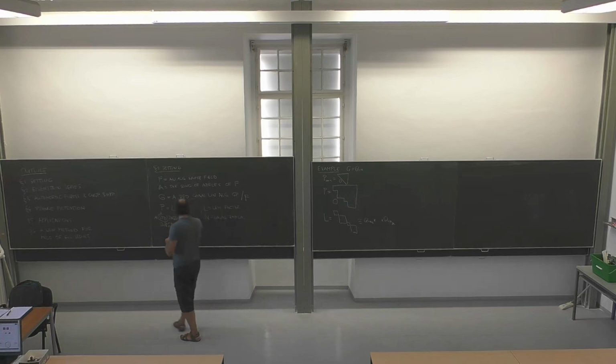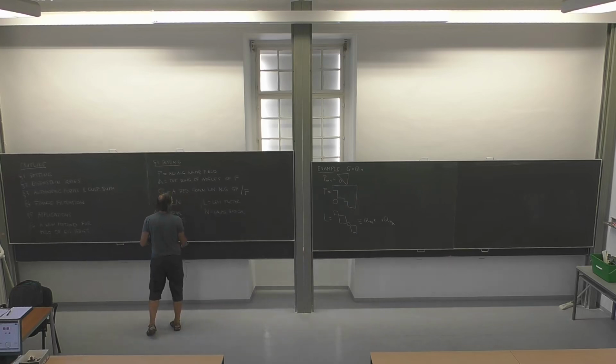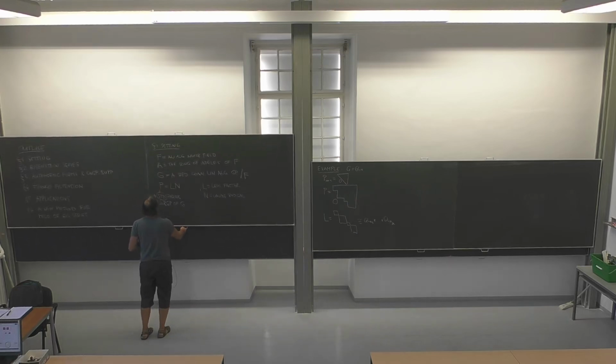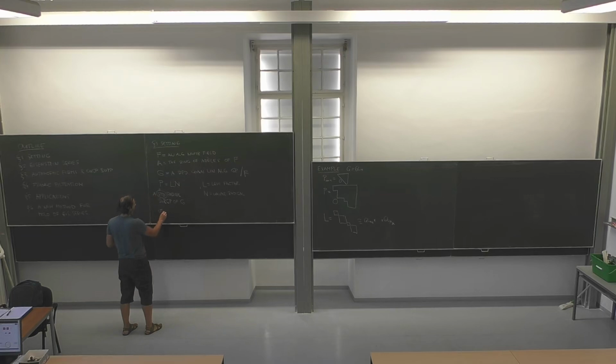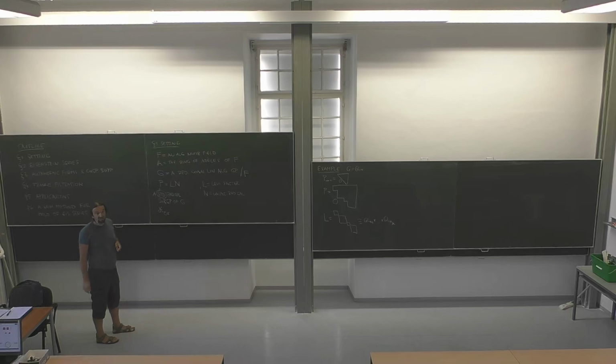And what else do I need? So then I will denote by a_P^C check the space of complex parameters for my Eisenstein series.